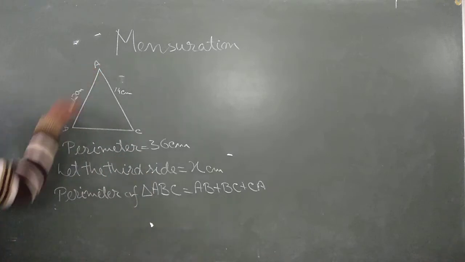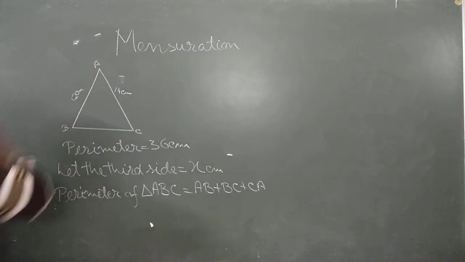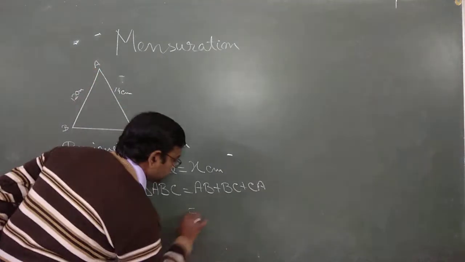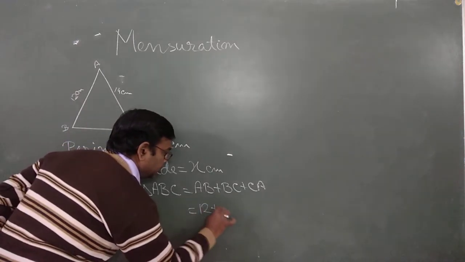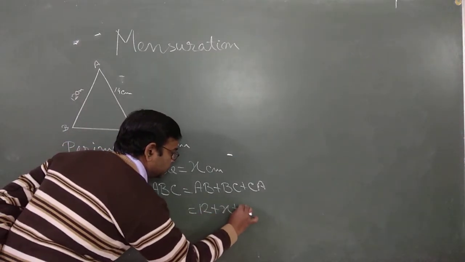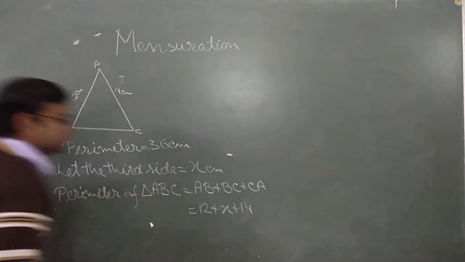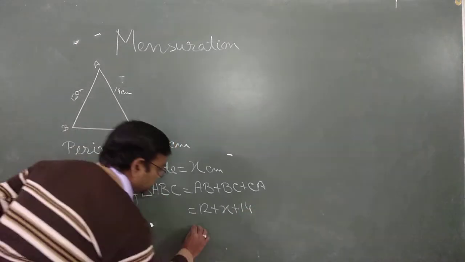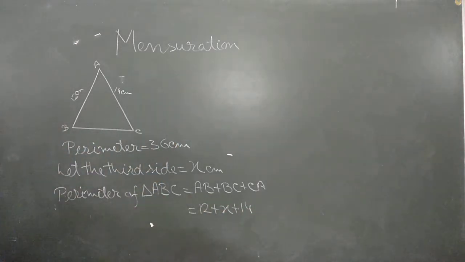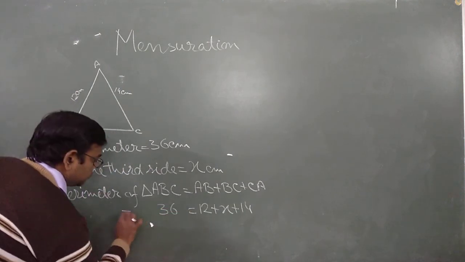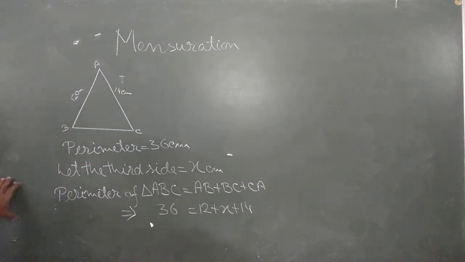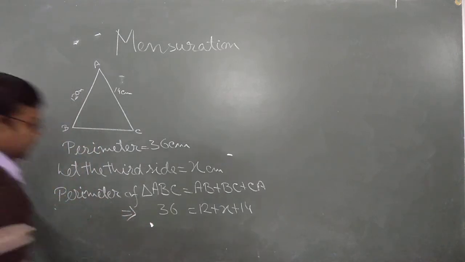Now what is the measurement of AB? It is 12. BC is x, we assumed, and then we have 14 centimeter. And this perimeter is given to us, that is your 36 centimeter. So we must write down this side 36. Clear? Use the implies sign, and this is your next line.